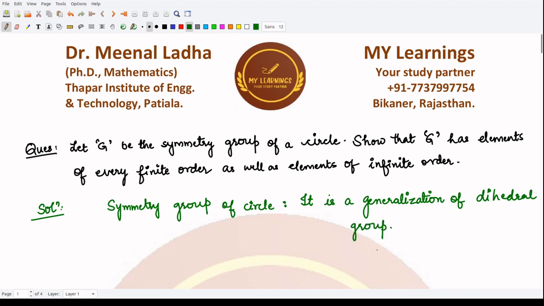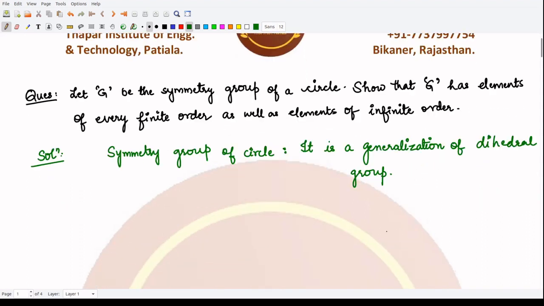If this is so, then it contains two kinds of elements within it. It has an infinite number of reflections present within it. Let me tell you why. And there are an infinite number of rotations present within it, because there are infinite members within it.